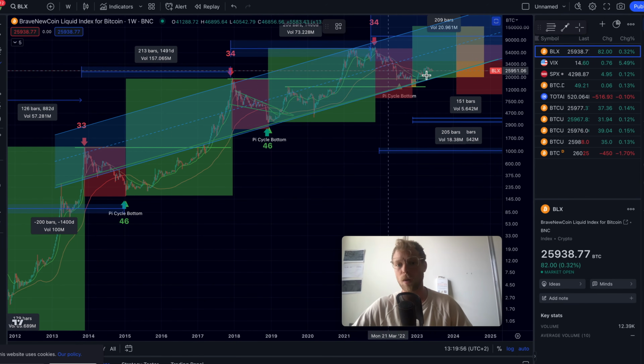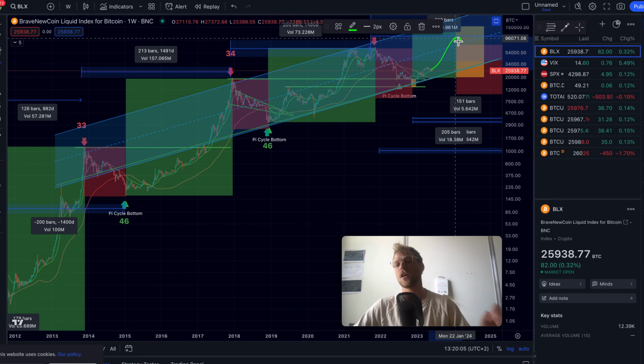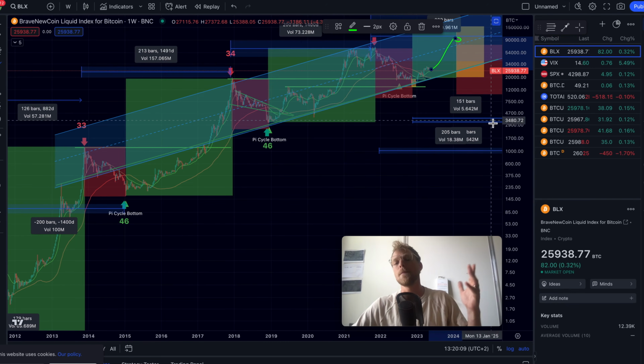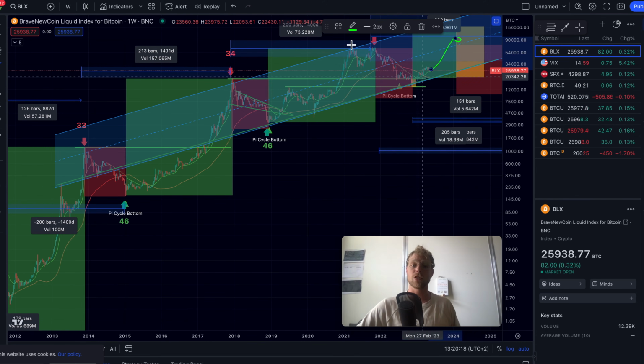If Bitcoin goes up, let's say we expect Bitcoin to top right here, beginning of 2024, somewhere like that, and we do get a pi cycle cross at exactly that specific moment, yes, then that would be a moment where you can say, okay, I'm going to cut 50% of my hodl position. I'm going to take profits because I'm getting a lot of indications that we might see a top.